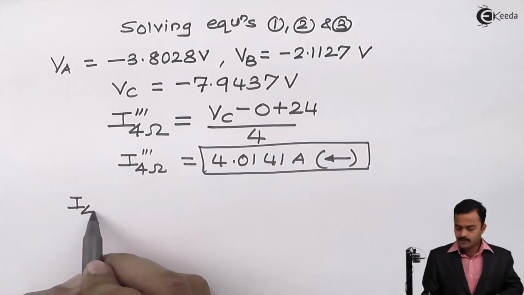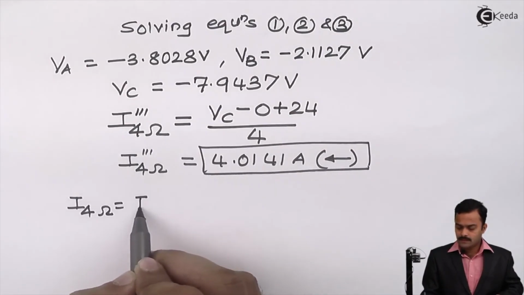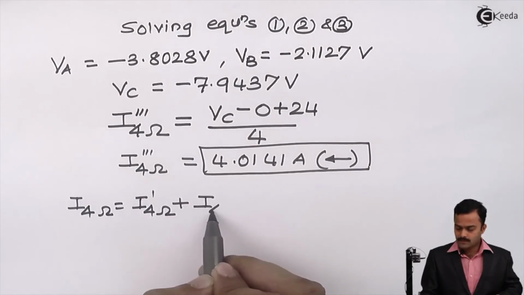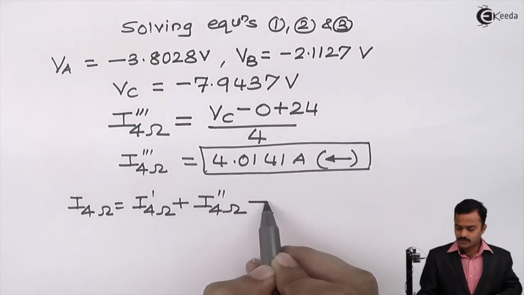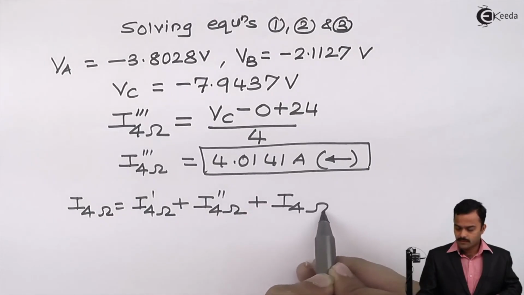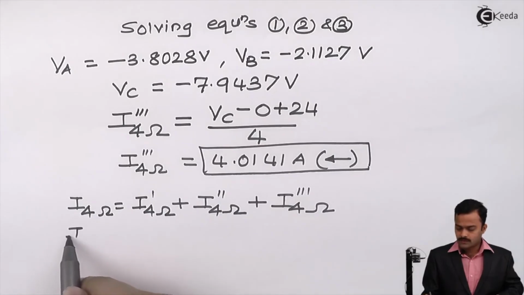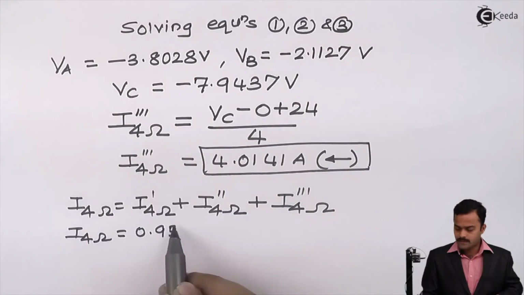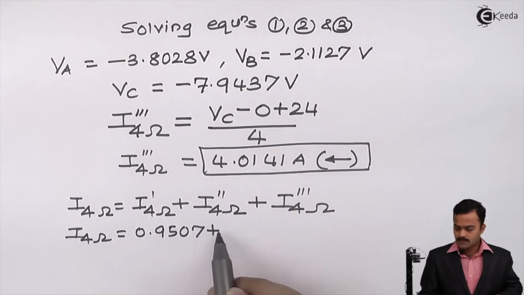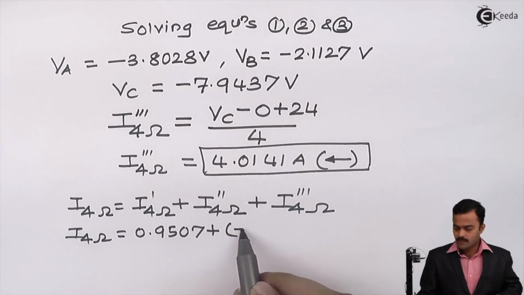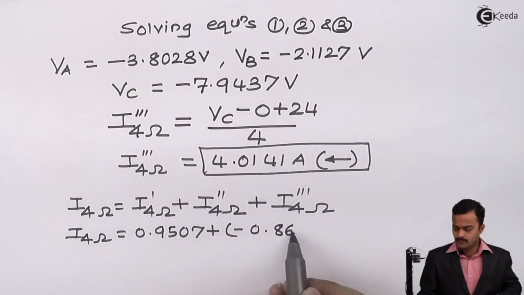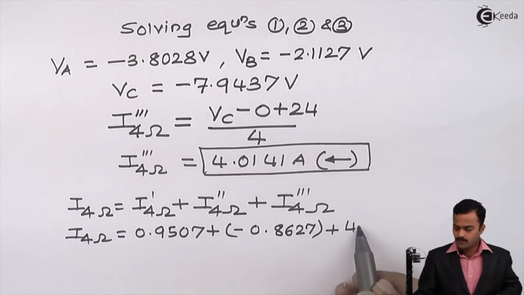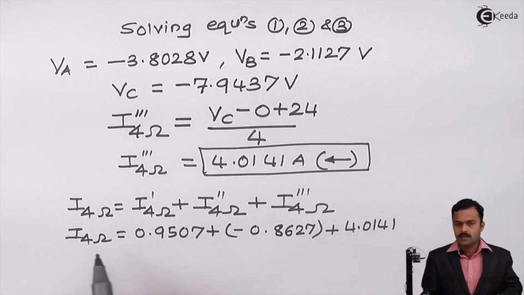Finally, current flowing through the 4 ohm resistance will be current because of first source plus current because of second source plus current because of third source. So current because of the first source is 0.9507 plus because of second source it is minus 0.8627, and because of third source it is 4.0141 ampere.